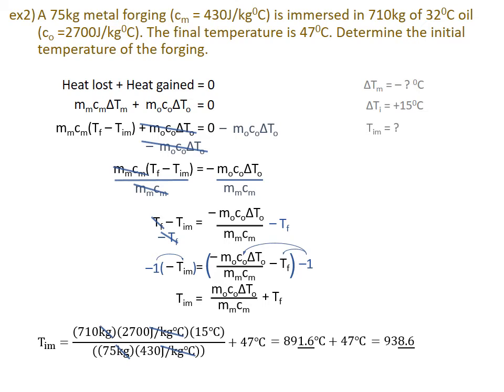Now, the round off line goes where it goes because I'm adding and subtracting, and 891.6 was only good to the 10 spot, so my answer is only good to the 10 spot for significant figures. So the initial temperature of the metal was 940 degrees Celsius.